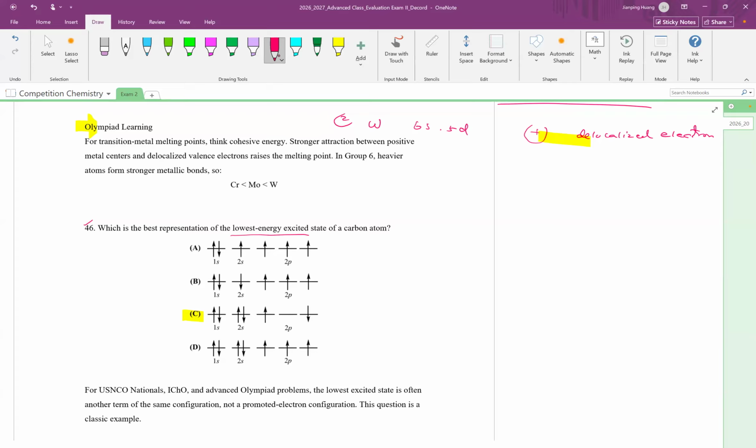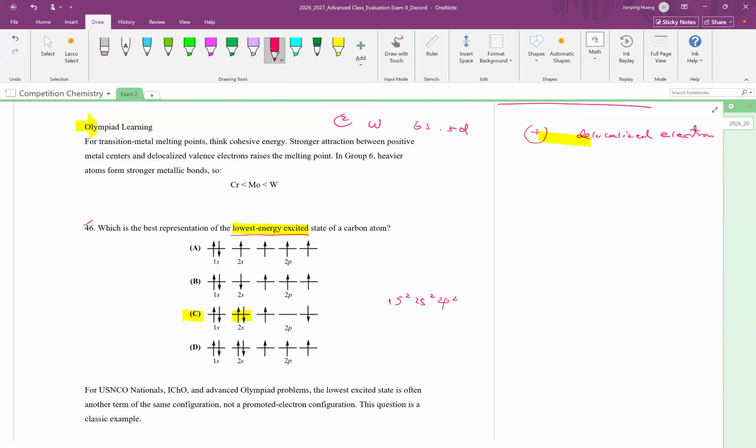The lowest energy excited state is what? You keep the same configuration, which is 1s2, 2s2, 2p2.